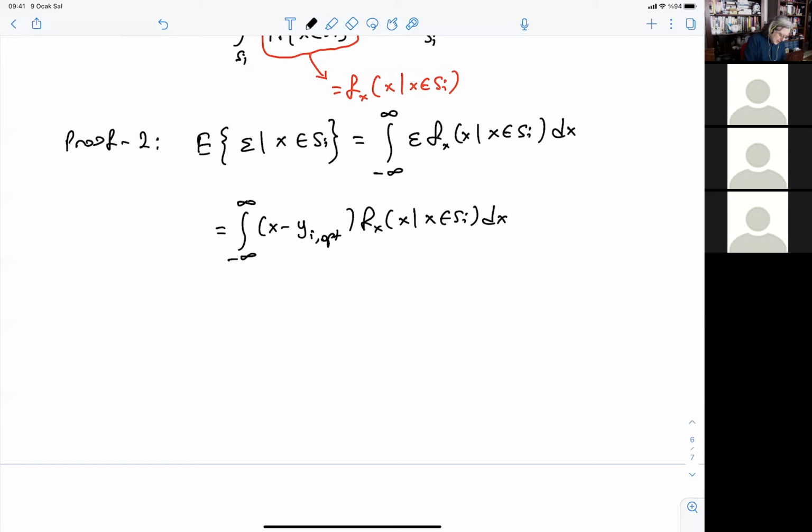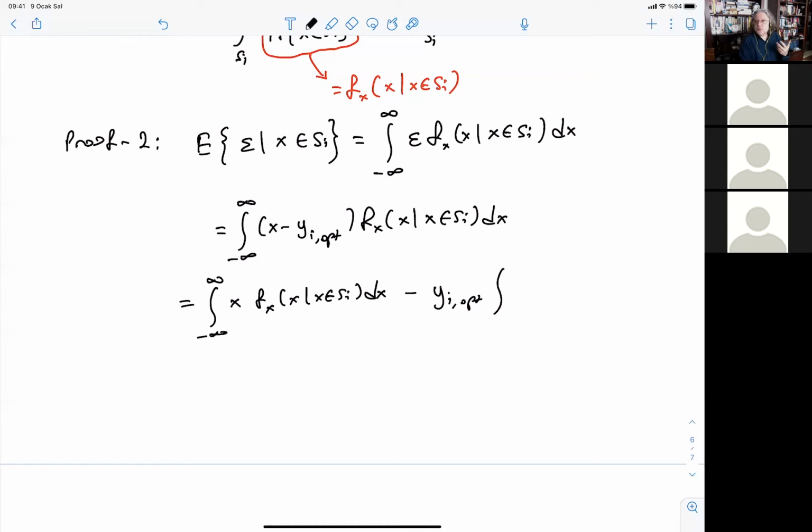And then I can split this expression into x times this minus y times this format. Okay, just the distribution property of a linear integral operator. So it will become the integral of x times fx of x, conditioned that it's inside Si, dx, minus yi optimum times the integral.